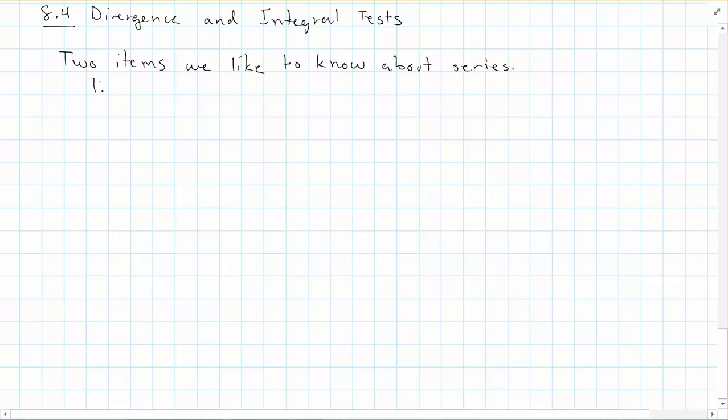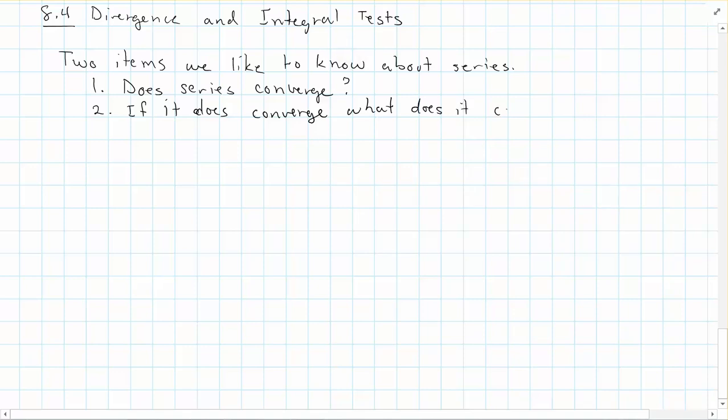I'm joking, of course. The two items we're interested in are whether the series converges, and if it does converge, what does it converge to? Those are the two items.